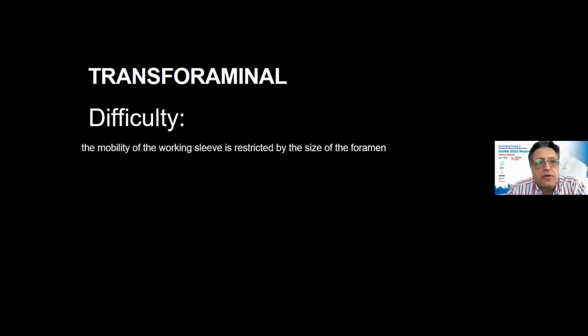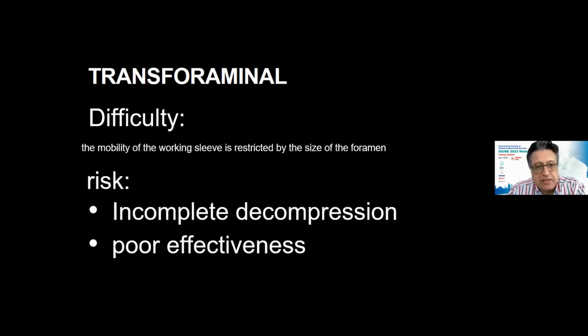For transforaminal surgery, the main difficulty is that the mobility of the working sleeve is restricted by the size of the foramen, and we have some risks. One of the risks is incomplete decompression and, as a conclusion, poor effectiveness of the surgery.